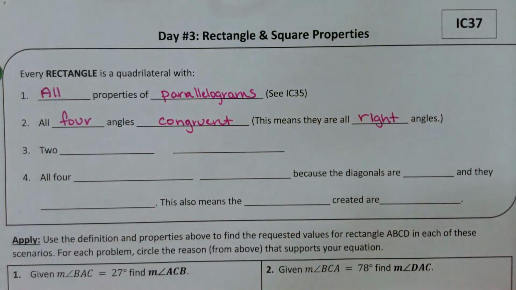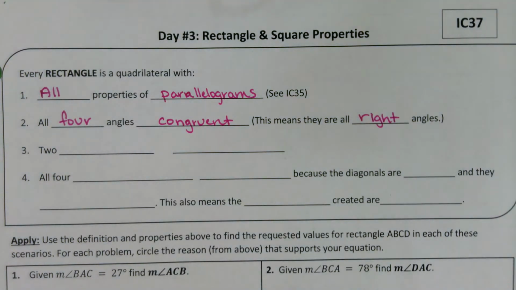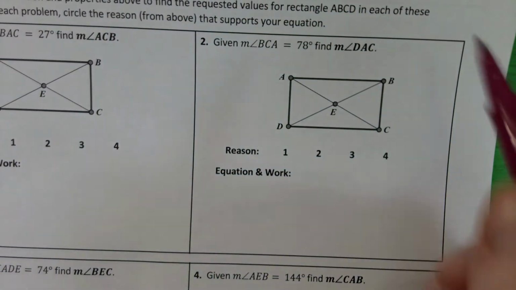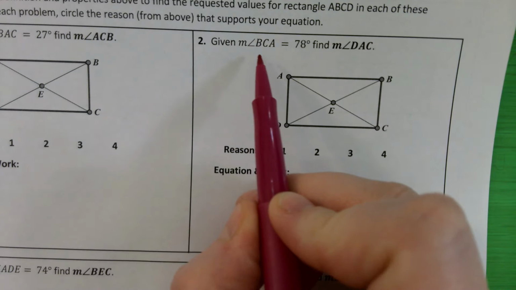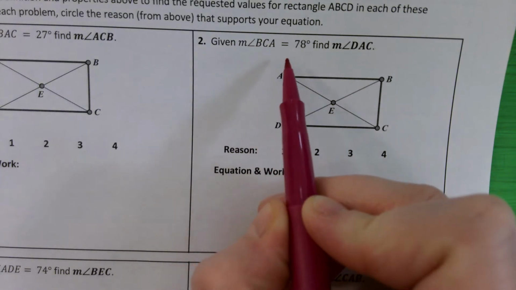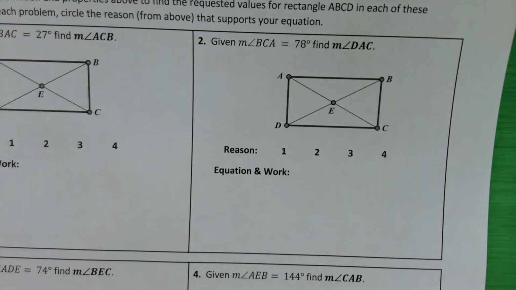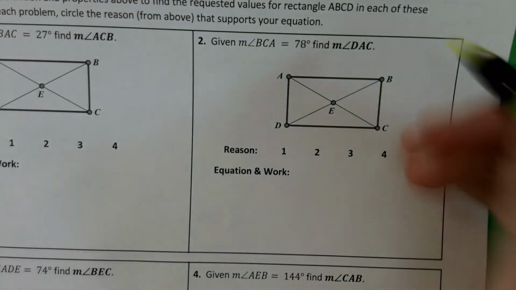Okay, so we're going to have a few examples on this. We're going to first do example number 2 for reason number 1. We have angle BCA is equal to 78 degrees. BCA is this angle right here in yellow.